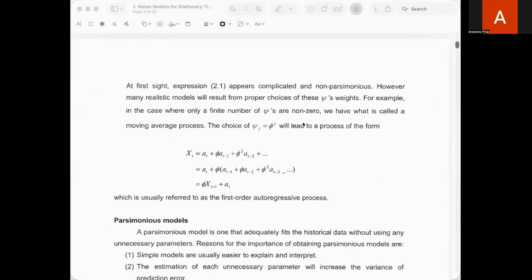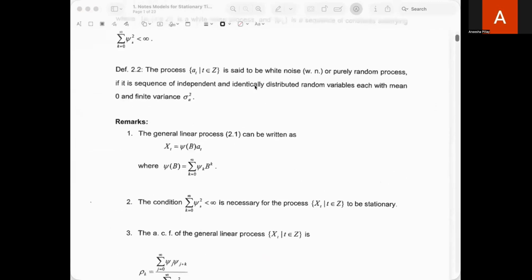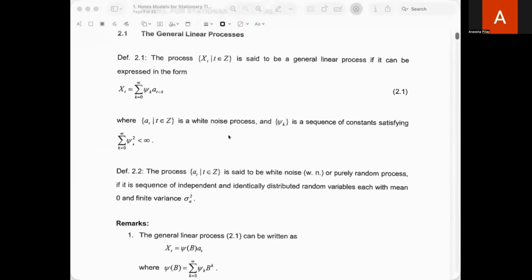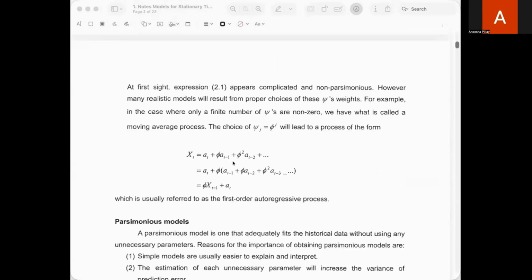At first sight, the earlier part might seem a little complicated, but as you noticed, when I expand it and sum it up together, it is in this form.